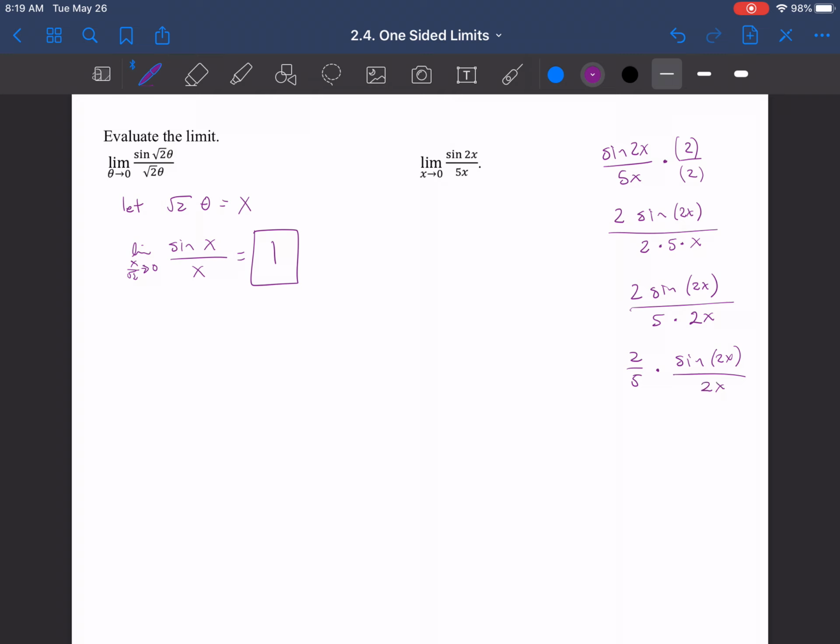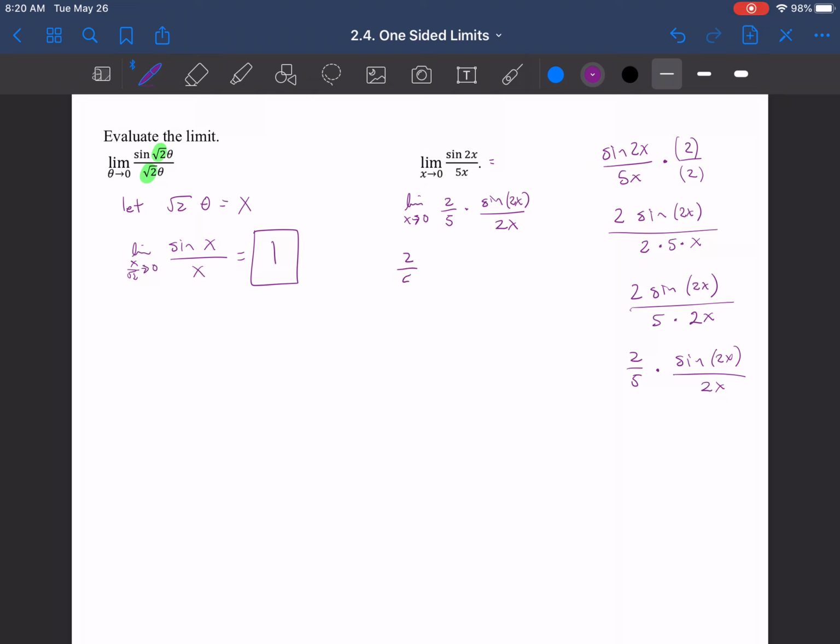And that we can take the limit of, we just did something like it over there. As long as these two numbers out in front here match, it's just going to end up being equal to 1. So taking a look here, we can rewrite this as the limit as x goes to 0 of 2/5 times sine of 2x over 2x. And remember, the limit of a constant times a function is equal to just the constant times the limit of the function.